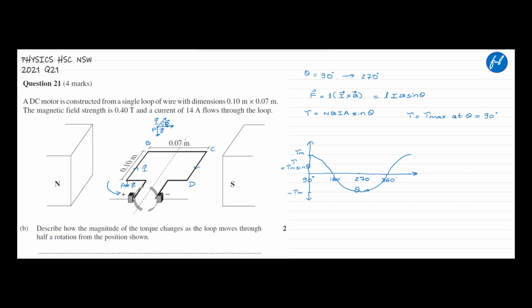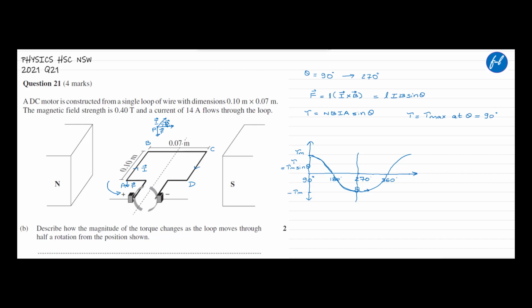In the question he is asking only for half a rotation, so ideally we need to draw only till this point. So this will be the graph. It starts with the maximum at theta equal to 90, becomes 0 at theta equal to 180, and then goes in the negative direction and becomes maximum at 270 degrees. So this is the graphical representation.